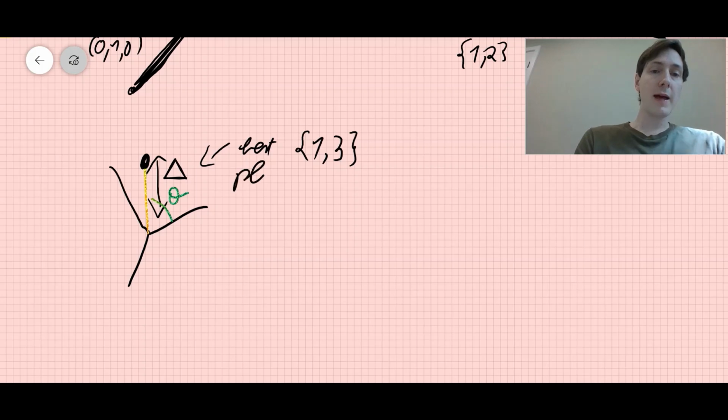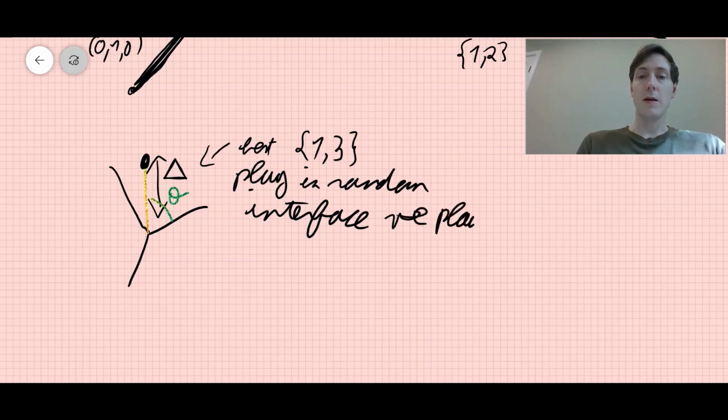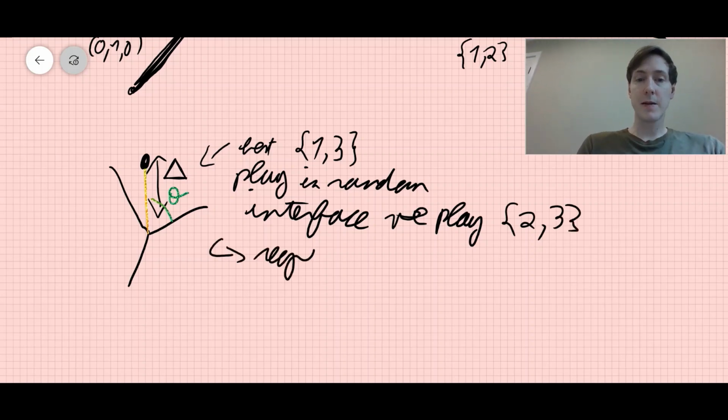But we play in the random interface, let's say, 2, 3. So that implies a regret of delta.